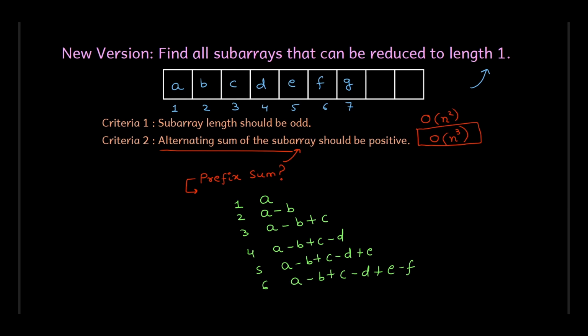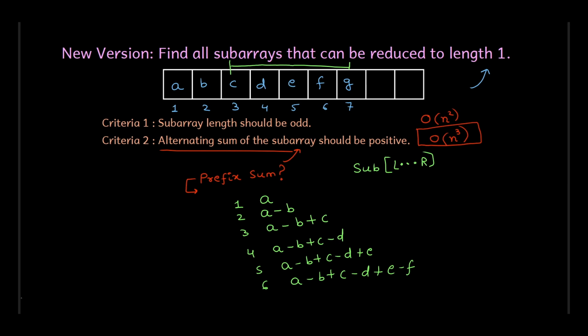Now, suppose I give you a subarray that starts at, let's say, this C, and it has to be of odd length, so let's say it ends at G. How do you verify this condition for a subarray that spans from L to R?